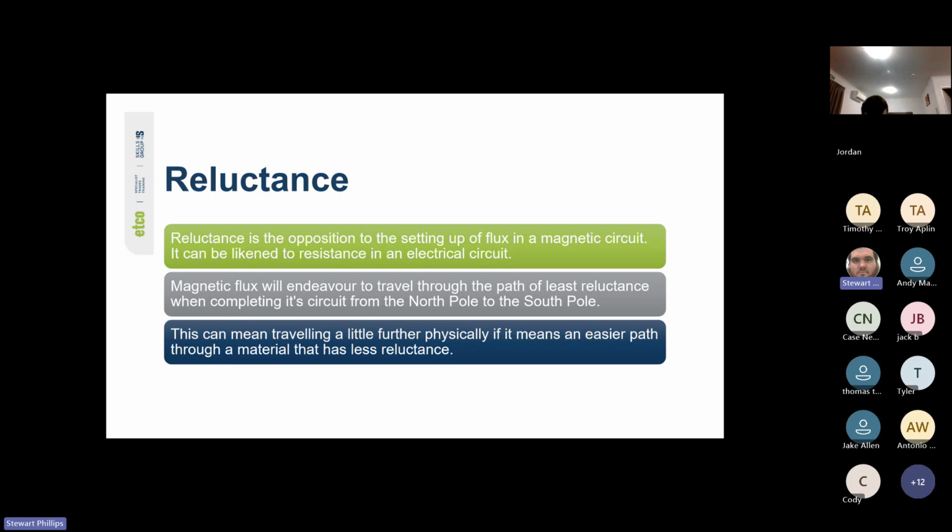So an iron bar bent around, say, an aluminium former. That magnetism is going to go all the way around the aluminium former, or say the copper windings, because it can't go into the copper winding, it's going to want to travel through the iron around the outside instead.